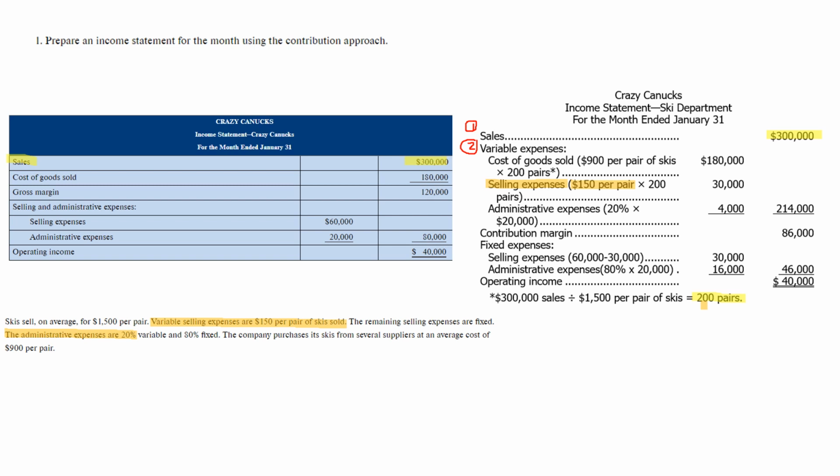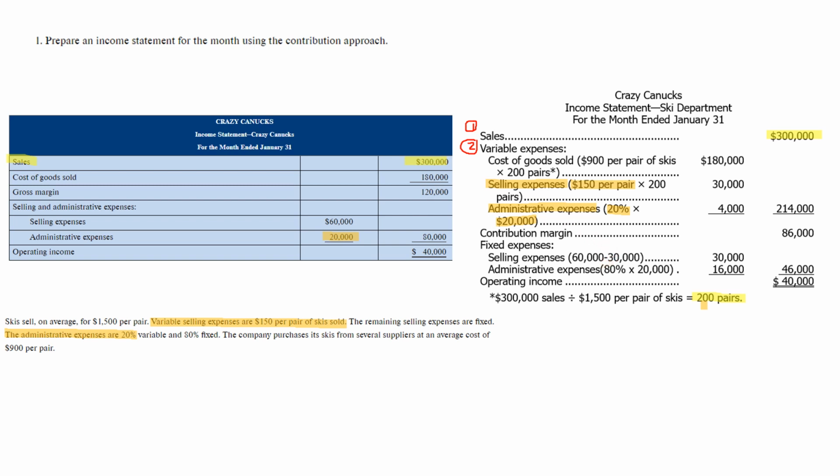If we look at our administrative expenses here, they are $20,000. So 20% variable times that $20,000 gives us $4,000 included in our variable expenses. So that's good. So the remaining 80% is fixed.